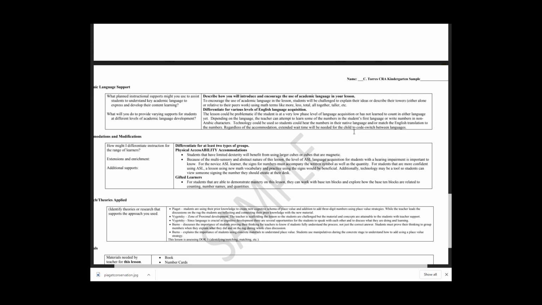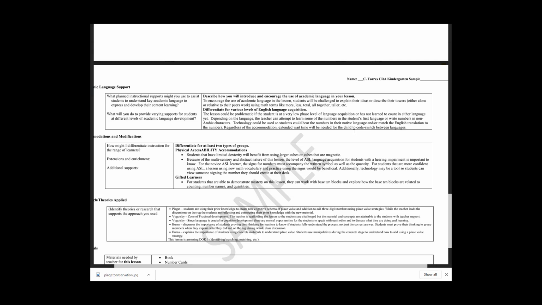For students that are just beginning to use American Sign Language, you might just have to focus on the actual signs for the numbers. But if they are more confident with the language, you might be able to help them by giving them a pre-lesson on the language and the signs for the different languages prior to the lesson so that they can go in there with more confidence.